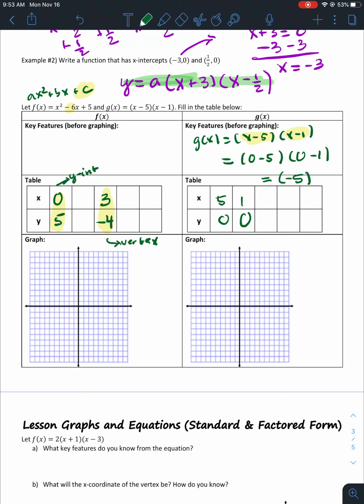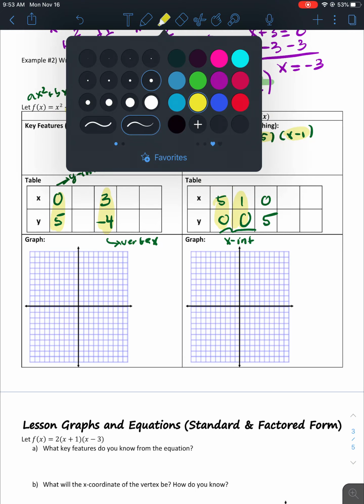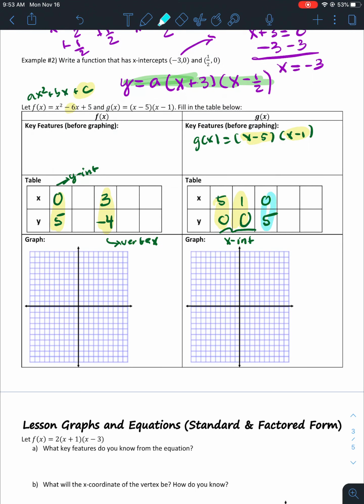So here I get negative 5 times negative 1, which is 5. That means I have the point (0, 5). So by looking at this right now, I was able to find my x-intercepts and pretty easily find my y-intercept.